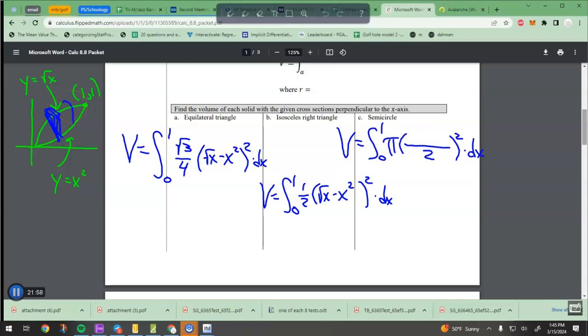This distance is the diameter. Maybe it wasn't clear how they're coming out. But that distance is going to be the diameter. So you want to divide that diameter by 2. So root x minus x squared. That's my diameter. Divide that by 2 to get the radius, and then square. And it's a semicircle, so we put a half on the outside.